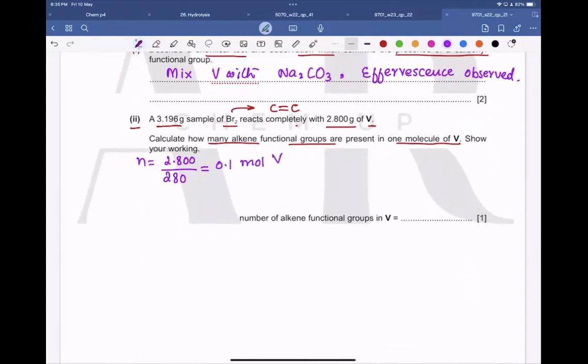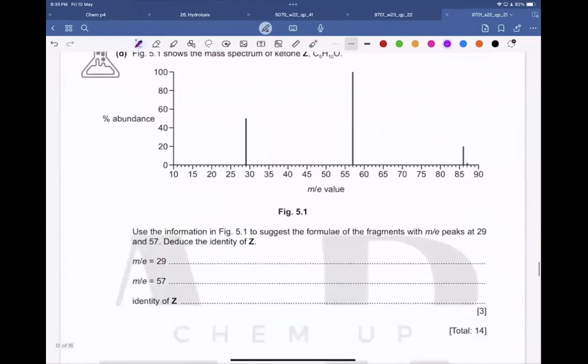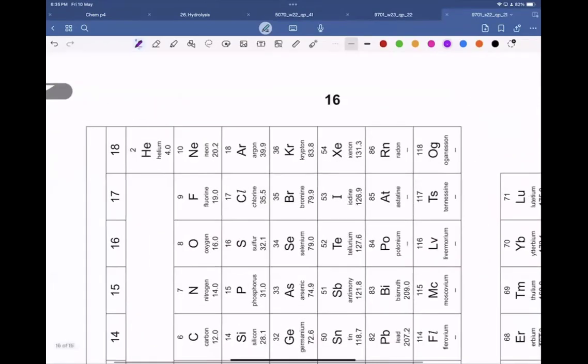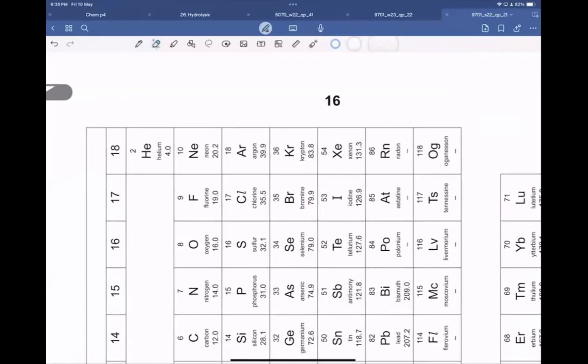Is this understandable? Now, these are the moles of V. Now calculate the moles of bromine. The mass of bromine used is 3.196. And if we look for the AR of the bromine, it's 79.9.